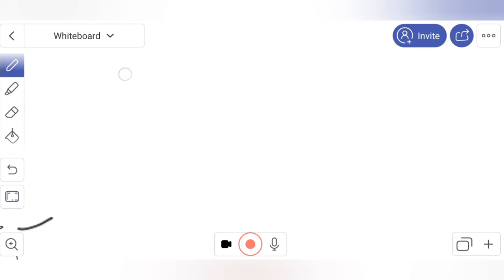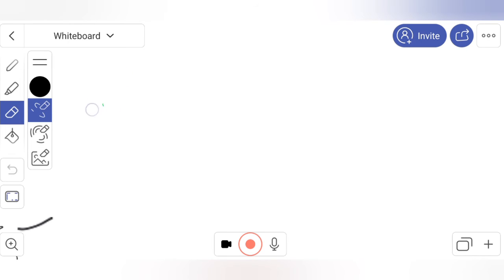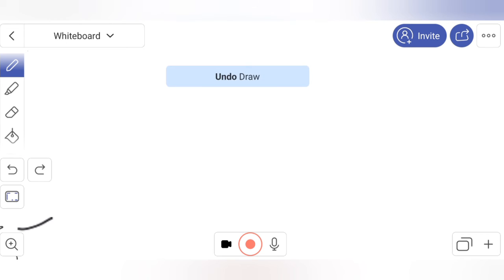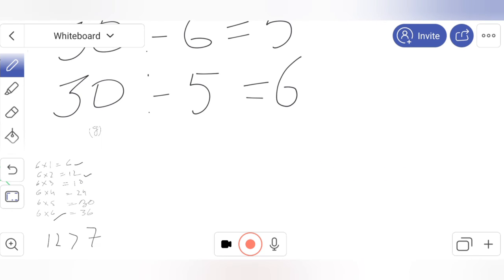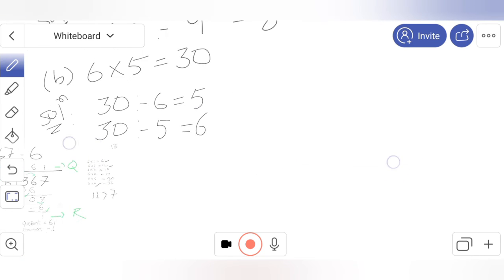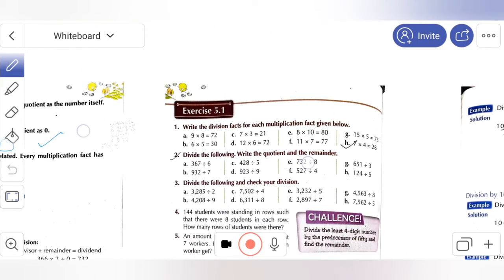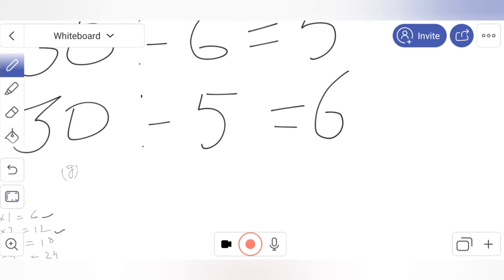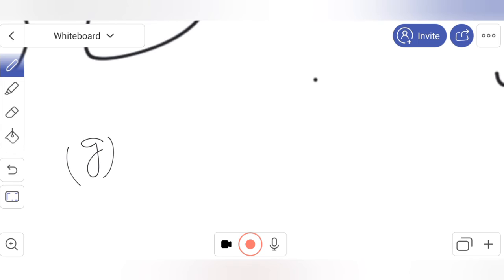Let me write down the equation. Number G. So what is the equation? 651 divided by 3.